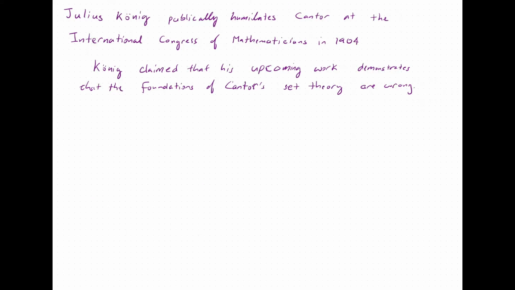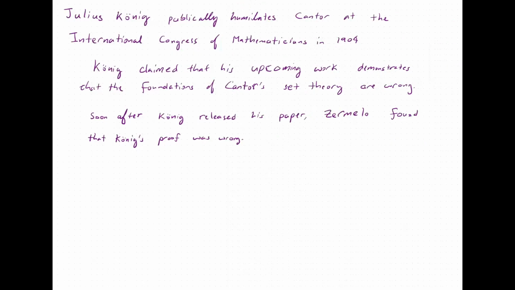Fast forwarding to 1904, at the International Congress of Mathematicians, Julius Koenig publicly humiliated Cantor by claiming that his upcoming work demonstrated that all that Cantor had done in terms of infinite sets was completely wrong. But he did not show his argument when he made this public lecture criticizing Cantor. But when his paper did come out, it was found to be wrong by Zermelo.